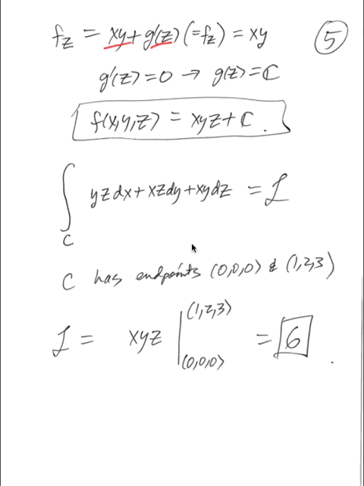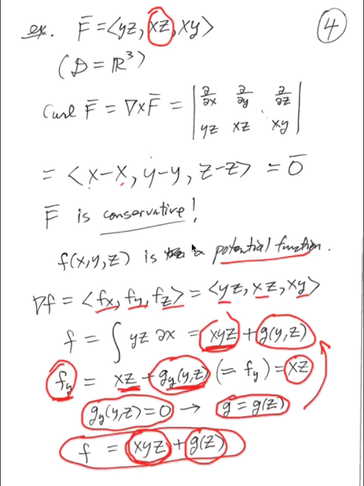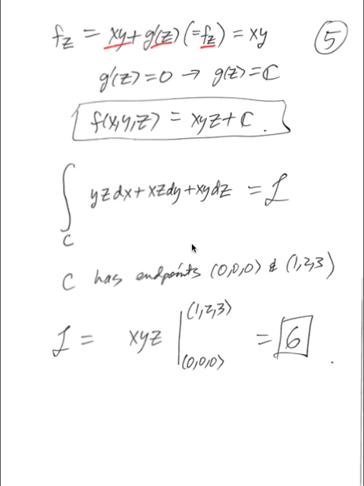But wait, what was f sub z supposed to be? F sub z was supposed to be xy. So I've got xy plus g prime of z is xy. That means g prime should be 0. That means g of z should be just a constant.